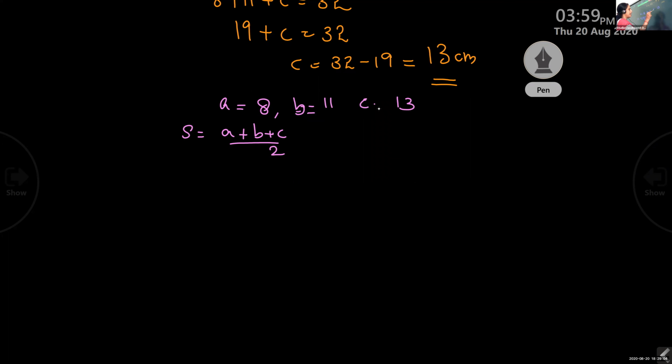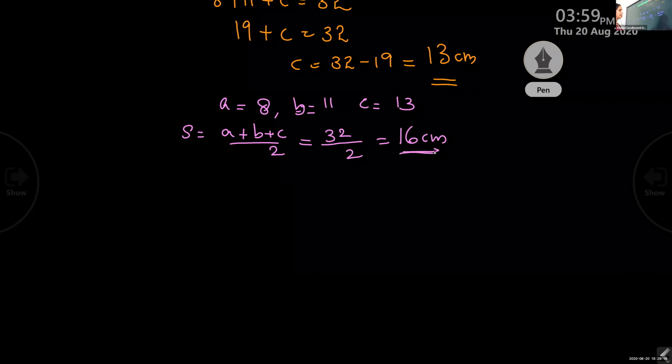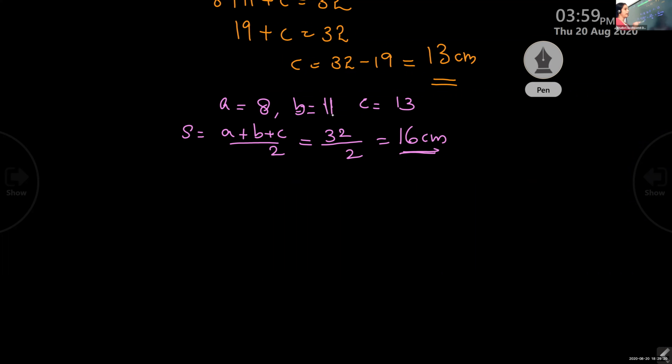Perimeter is 32 by 2, that is 16. No need of adding A plus B plus C because perimeter is given already. Did you understand?